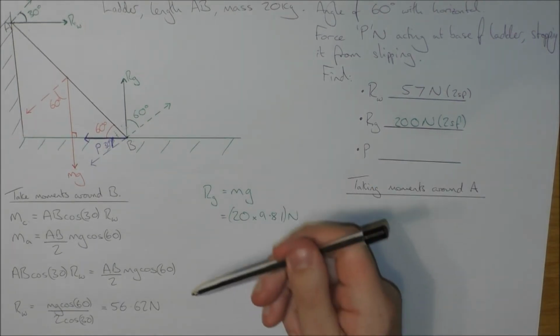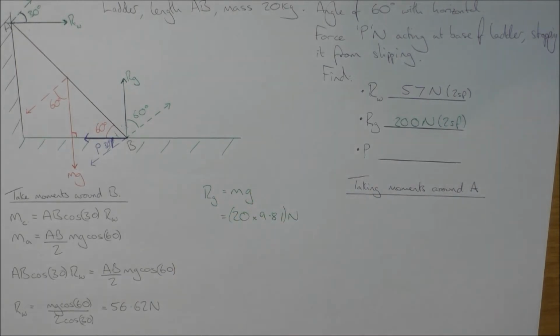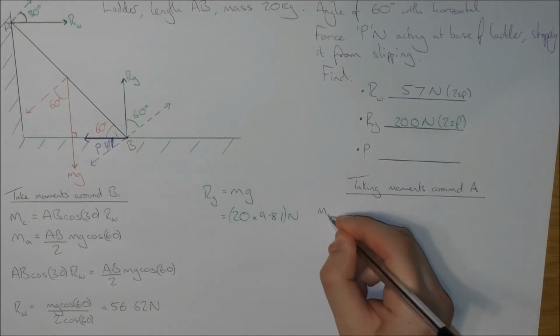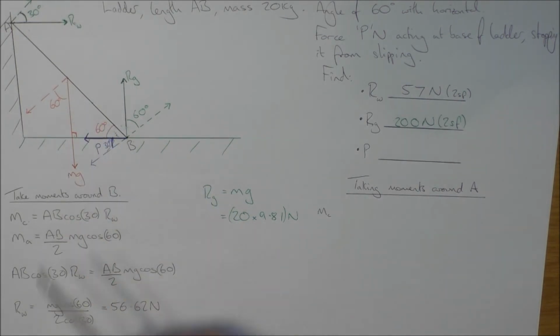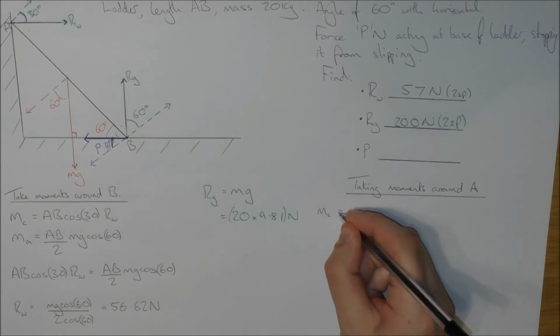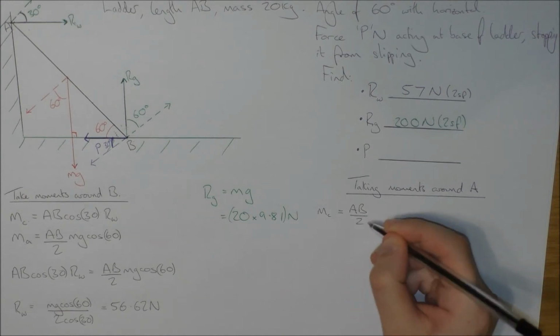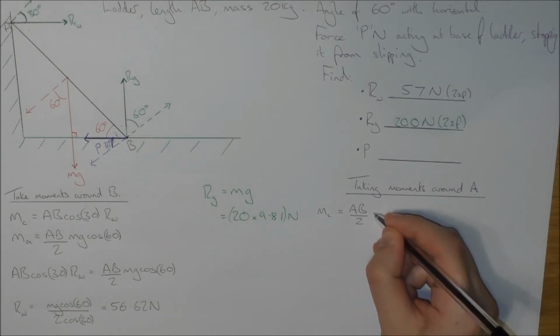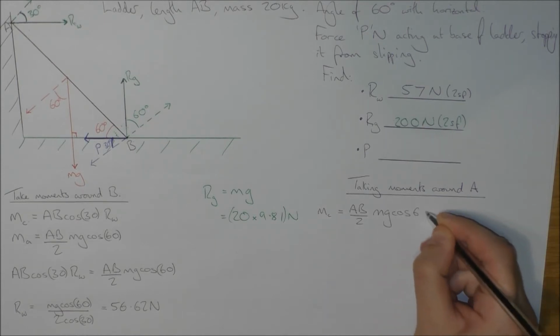Okay, so I'm going to look at clockwise first of all. Now I've got both mg and p pointing clockwise. So that is going to equal AB over 2 mg cos 60.